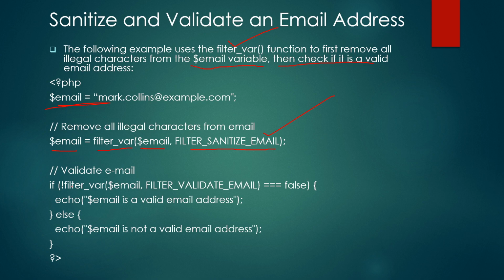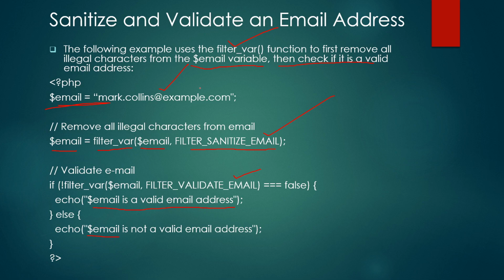Then I'm validating. If this is not equal to false, here we have validate email, that means $email is a valid email address, else it is not a valid email address. From this we can easily say it is a valid email address. There is nothing wrong. There are no illegal characters. Okay. So everything is perfect.